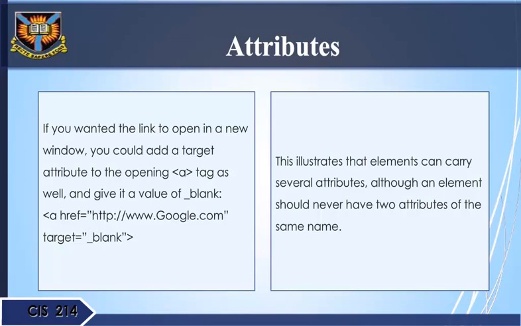If you wanted the link to open in a new window, you could add a target attribute to the opening A tag as well and give it a value of _blank. a href equals quotation mark http://www.google.com quotation mark, target equals quotation mark underscore blank quotation mark. This illustrates that elements can carry several attributes, although an element should never have two attributes of the same name.